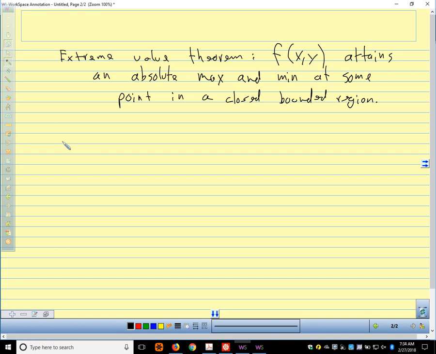And our absolute extrema, we know that we can get an extreme value at critical points. So absolute extrema occur at critical points or on the boundary.